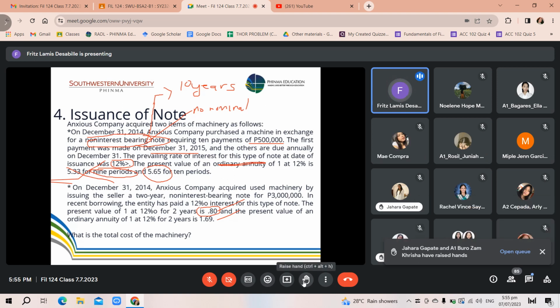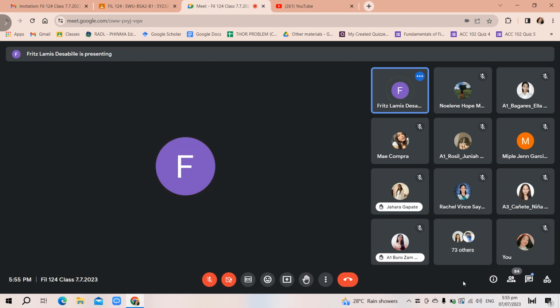You may also search for it on YouTube, and just use this problem as reference in your computation. You should be able to get 5.65 there. If you want to explore, you can compute the 5.33. These are possible to be computed.